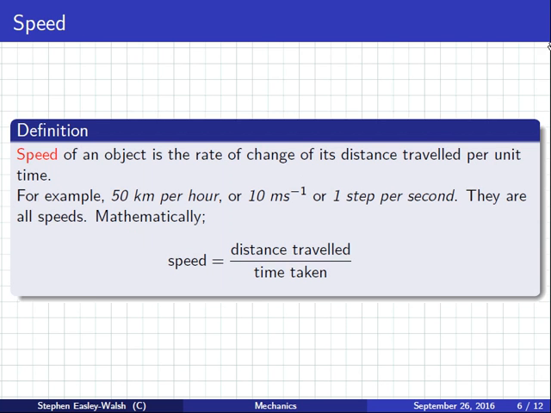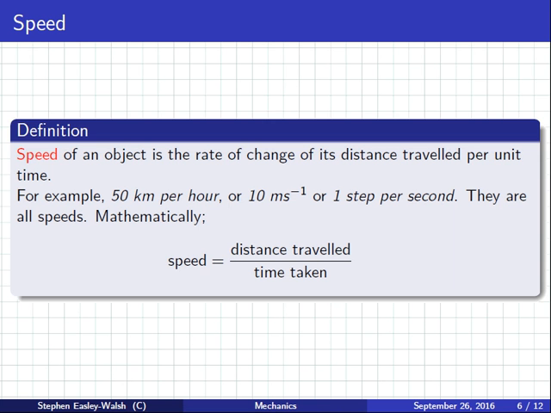So I didn't actually say it here, but speed is a scalar.